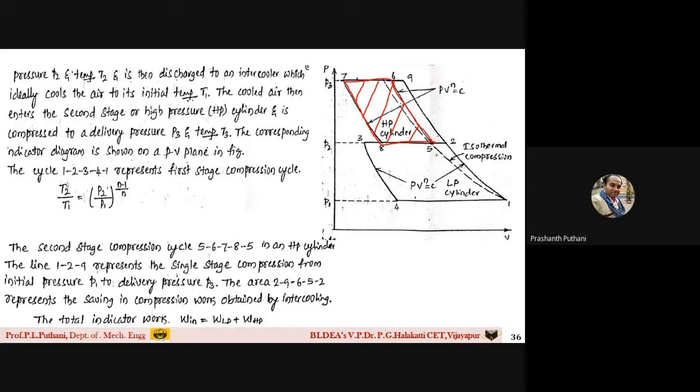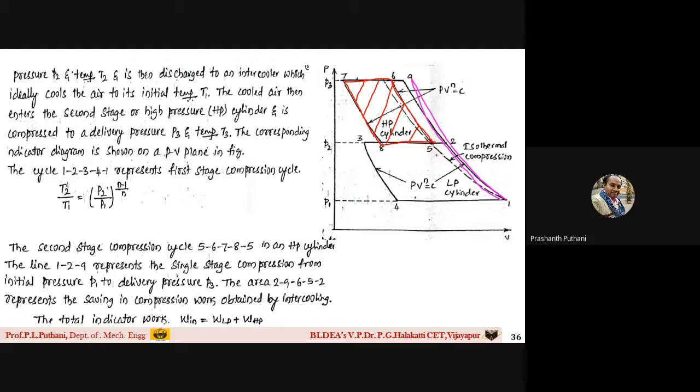So therefore, students, 5, 6, 7, 8 is the area covered for the high pressure cylinder, and along with that, the curve 1, 2, 9, this curve, is representing what?